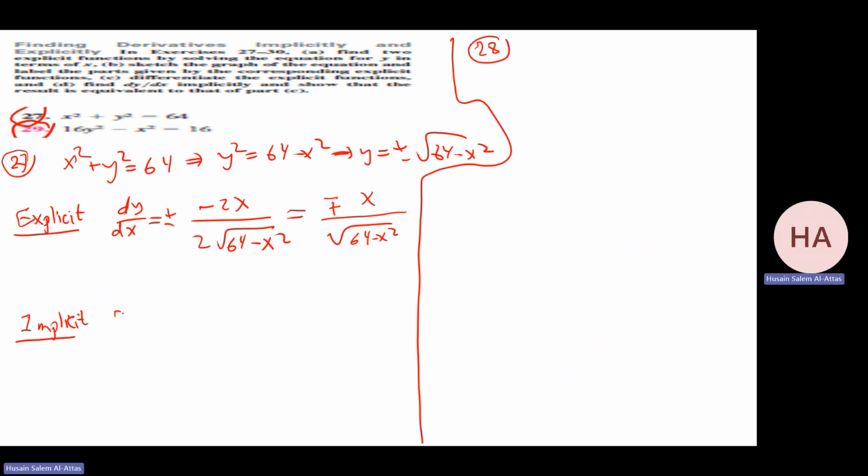Implicit, just differentiate. You have 2x plus 2y y prime equals 0. So that implies y prime equals minus x over y.